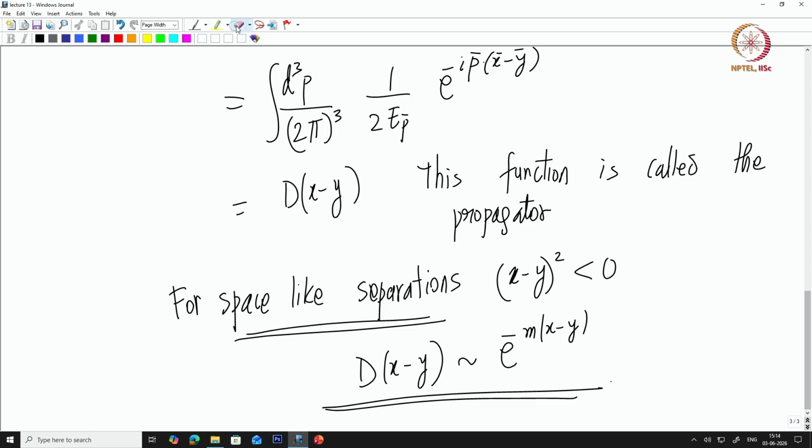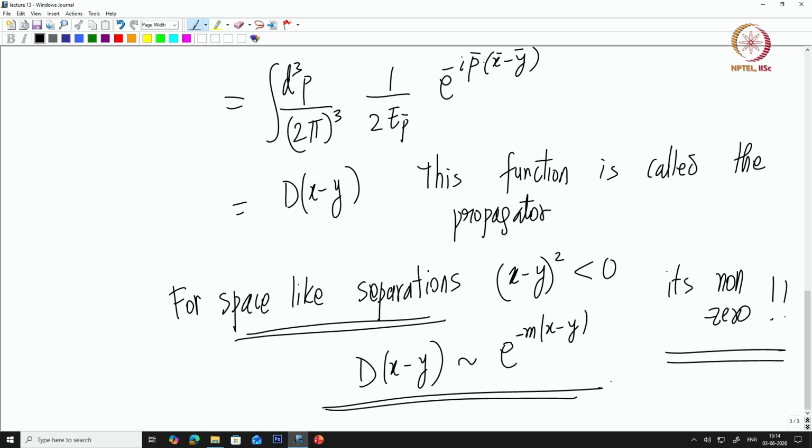Maybe this bar should look like a minus sign. So, for space-like separations, it is still non-zero. This is important to note. It is non-zero, but it is highly suppressed with the distance x minus y.